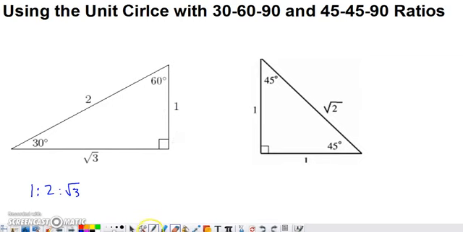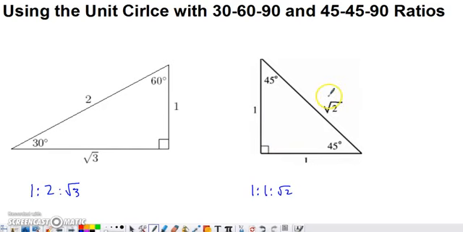So the 30, 60, 90 triangles are always going to have sides that are proportional to each other through this relationship, and a 45, 45, 90 triangle is an isosceles triangle. The proportion you've probably remembered is that your legs are going to be the same length, and we're going with 1 and 1.